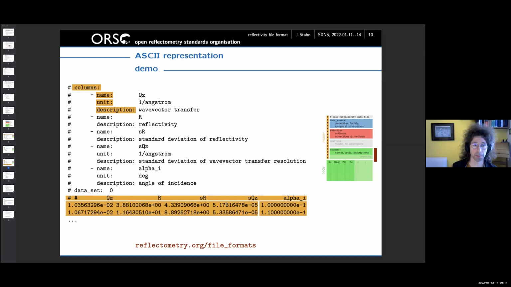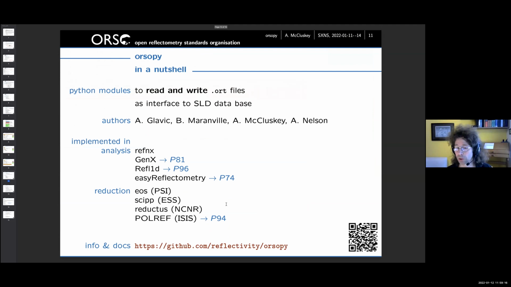So I'll now give over to Andrew to talk about the OrsoPy package. Yeah, so one of the things that we worry about as we're putting forward this idea for a shared file format is that we want people to be able to use it easily.